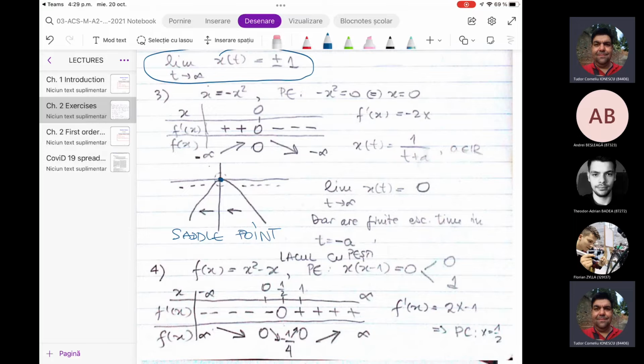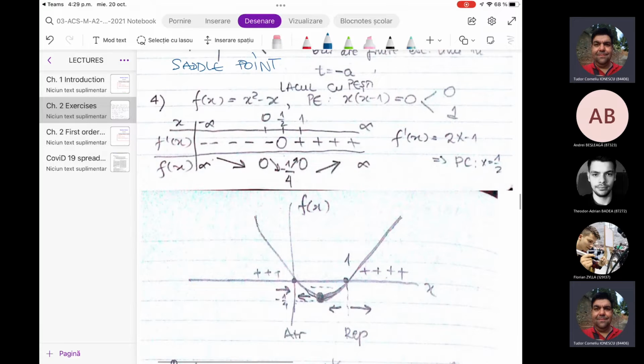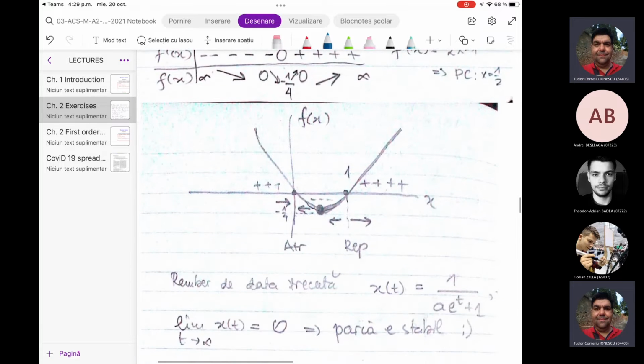Look, by the way, this guy has a vertical asymptote in t equal to minus a, okay? This is a finite escape time example. And then you have x squared minus x, again, attractor, repulsor, and so on. Also, the same goes for the saddle point. If you have a saddle point, then the previous one is either a repulsor, and the next one is an attractor.